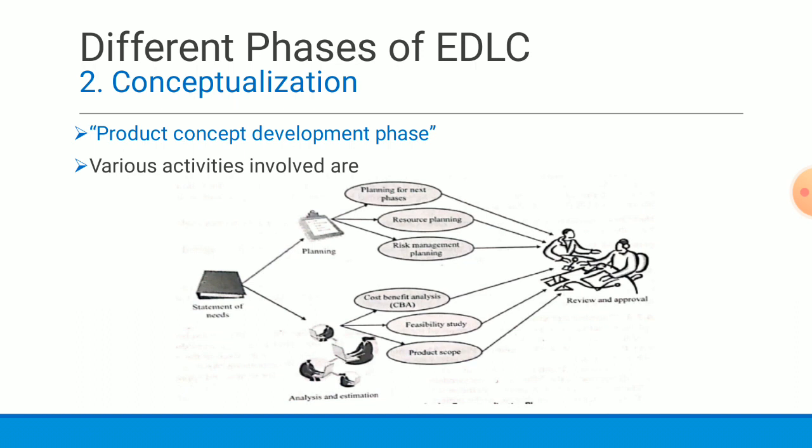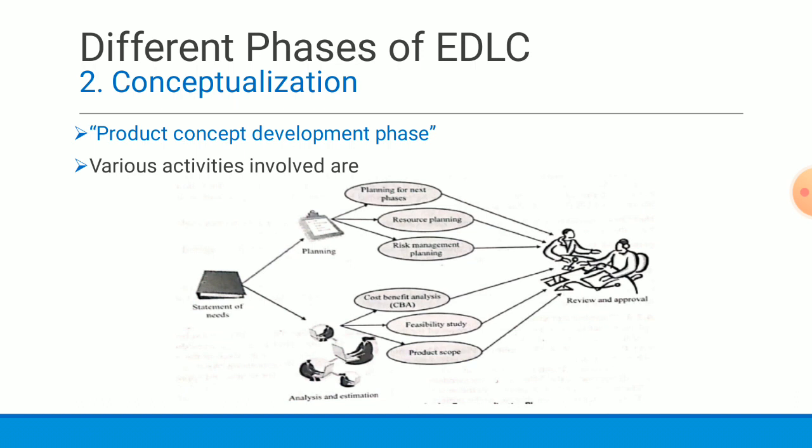Then the second one is cost benefit analysis. Cost benefit analysis, or CBA, is a means of assessing the total development cost and profit expected from the product. Then the third one is product scope.